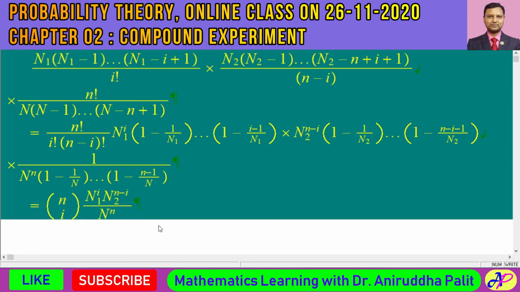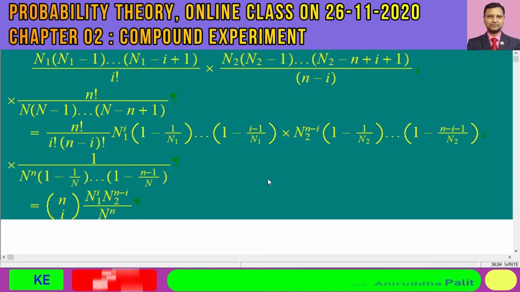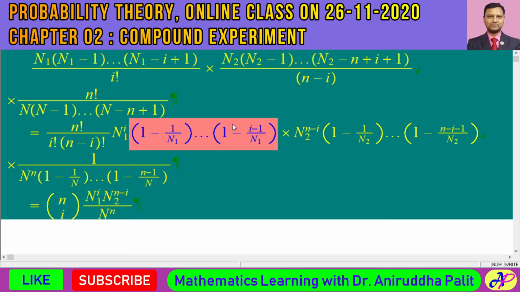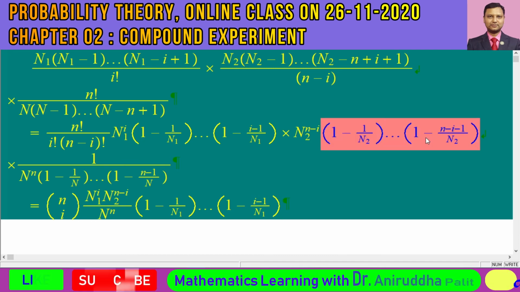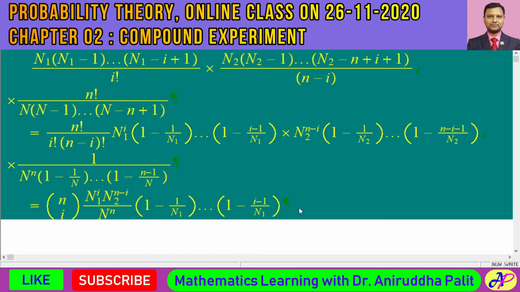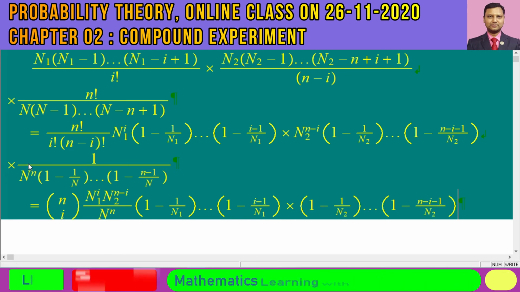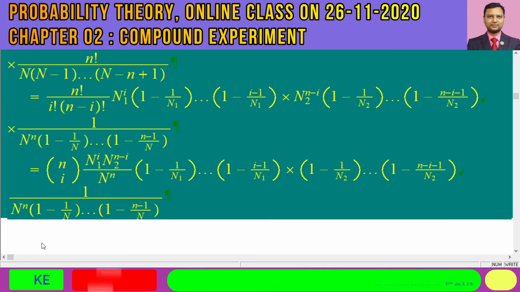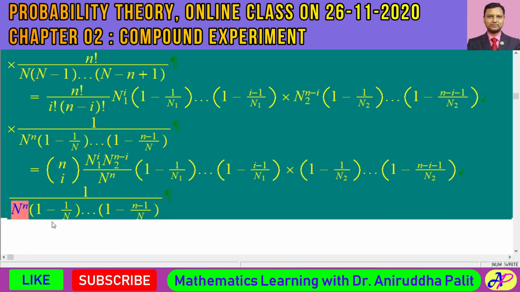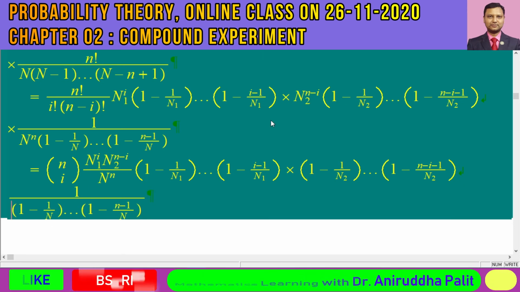This expression, we are keeping them in this way, and these factors, these are kept in this way, along with this kind of expression. Only this factor would not be there.